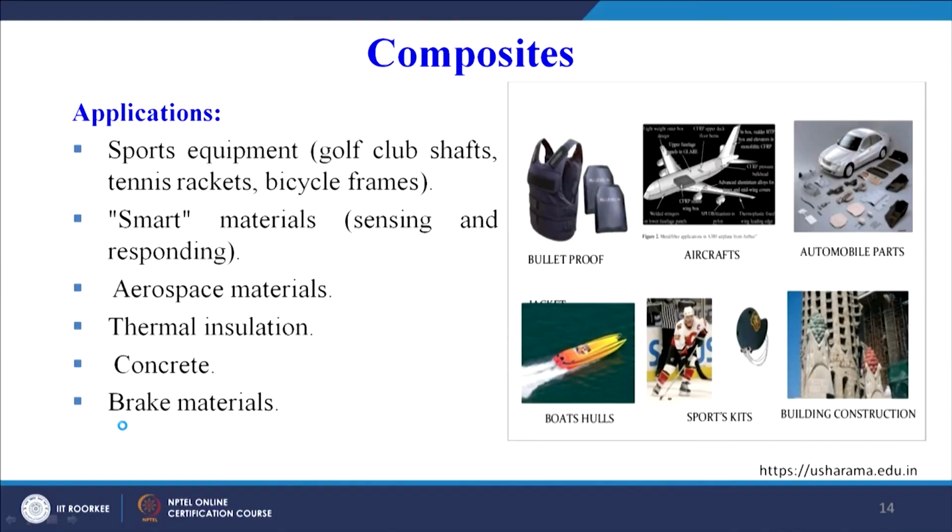Thermal insulation, concrete, brick materials. So composites find a lot of application all around the globe, and in future they are going to be used further to satisfy human needs and requirements.